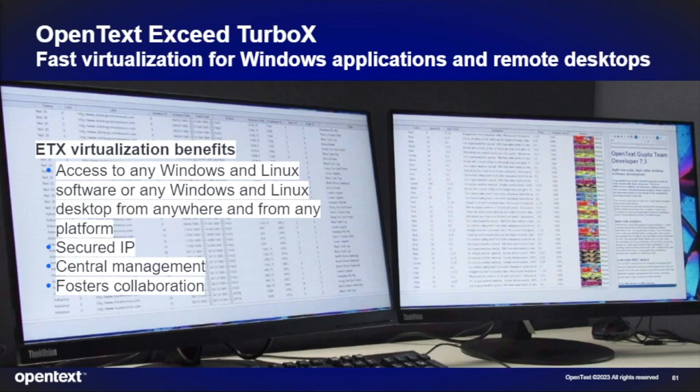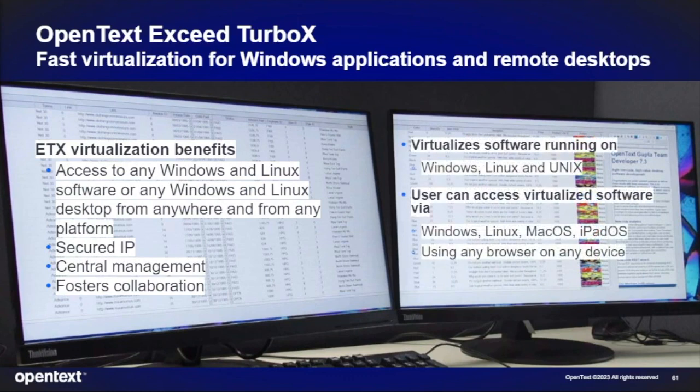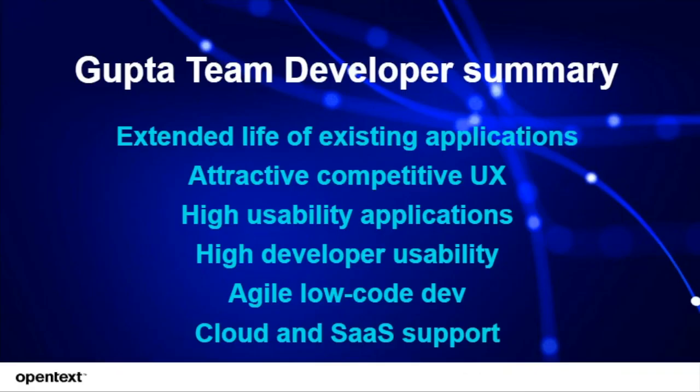X is any Windows and Linux software on any Windows and Linux desktop from any platform. You secure your intellectual property, you have central management, and you can collaborate there. You can virtualize software running on Windows, Linux, and Unix, and users can access the virtualized software from any platform, really.